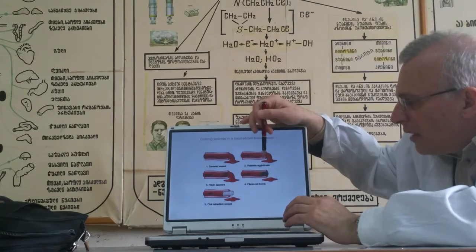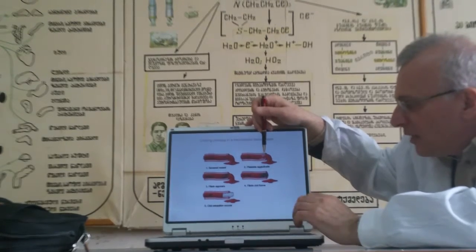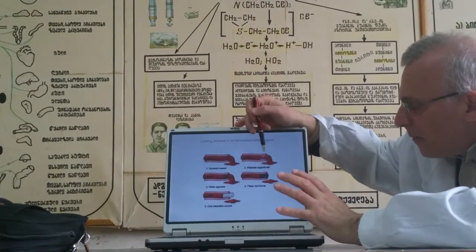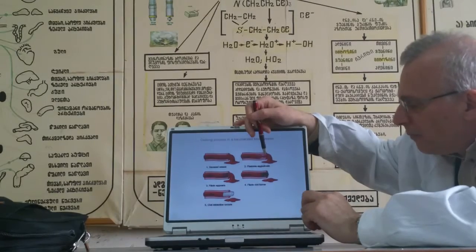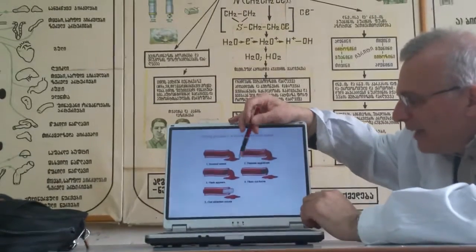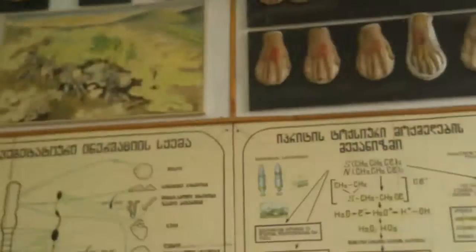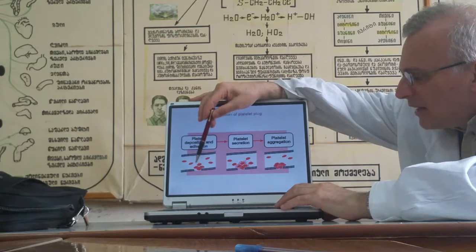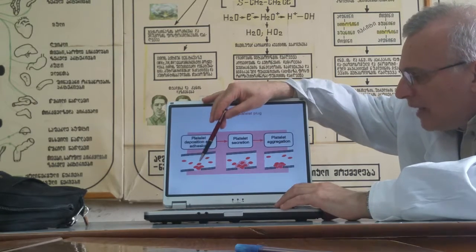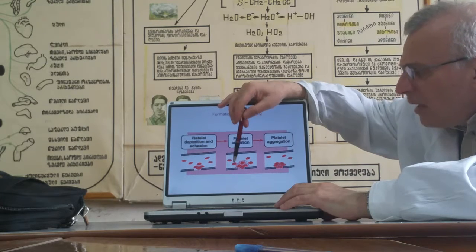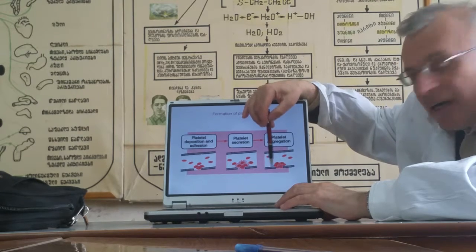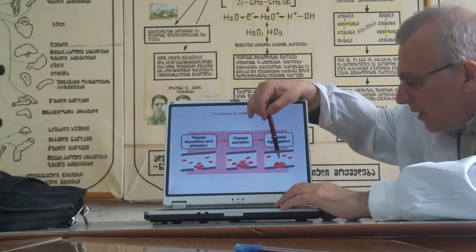Here we have agglutination by platelets, which try to form a platelet plug, but then it is not enough to stop bleeding. By these platelet cells, thrombocytes, and RBCs, such platelet aggregation forms here and stops bleeding.